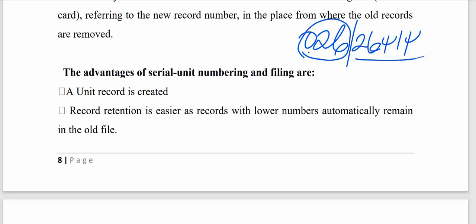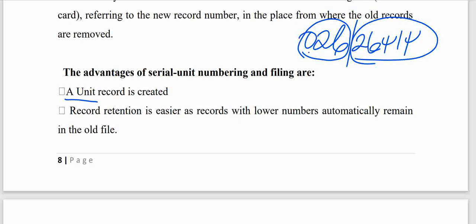So what makes this record unique is actually the unit numbering system. And that's why our point says a unit record is created. A one-time record that is going to be kept and used for every subsequent visit of that patient is created, which is very important.